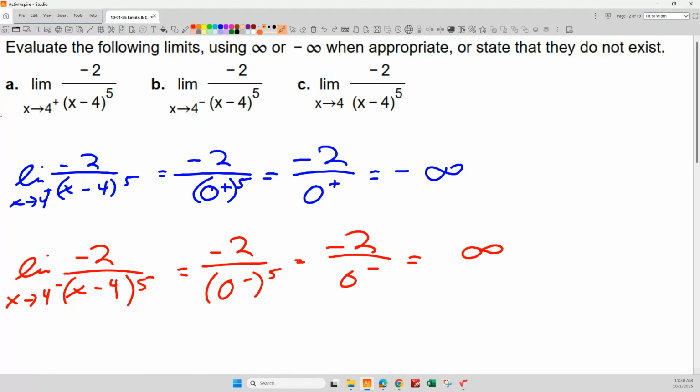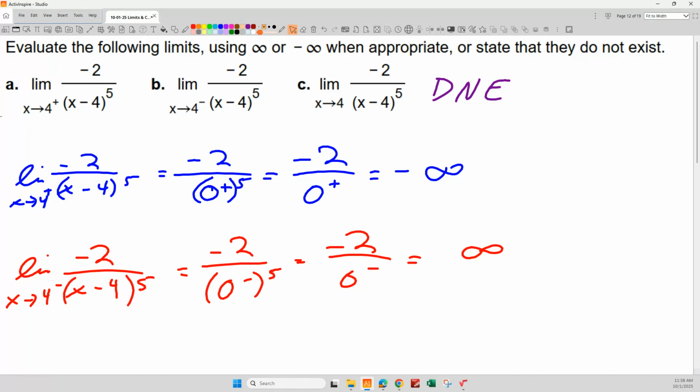Part B, it doesn't exist, but it approaches infinity. Part C, it's a two-sided limit and they don't agree, so I don't get to say anything, because they don't have consistent behavior from the left and the right. So all I could say about C is DNE. Okay?